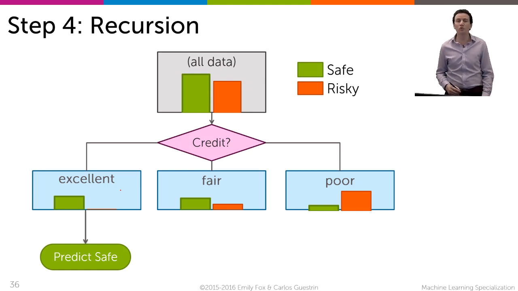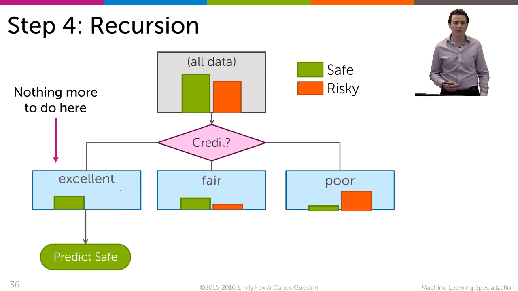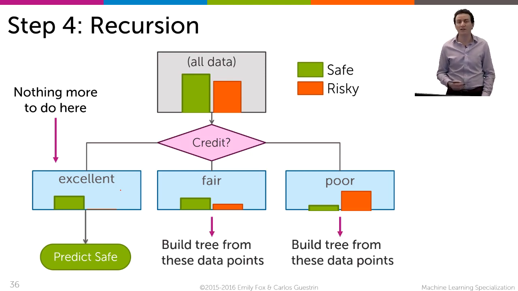Now for the other two, we need to keep on going. So for example, for the loans where we have a credit rating of fair, we're going to build a next tree going down from there. And for those data points where the credit rating was poor, we'll keep on building trees from there. So that's the recursive greedy algorithm that we're going to discuss and build today.